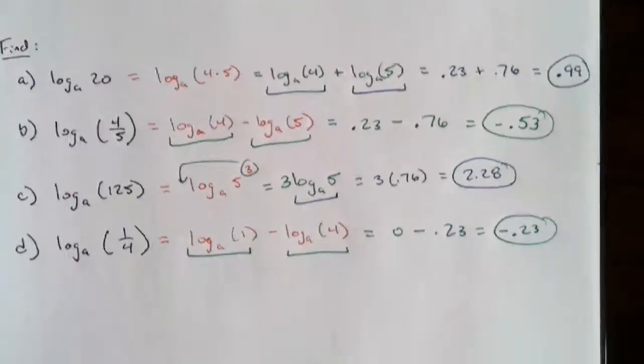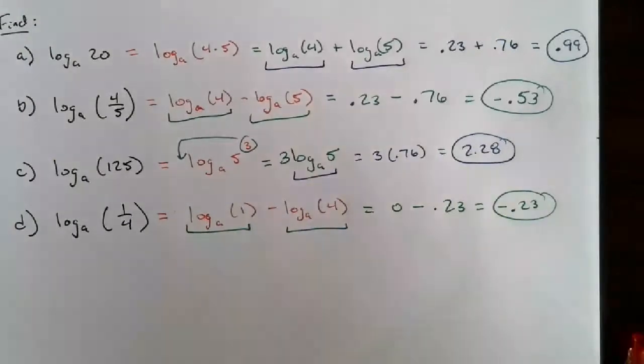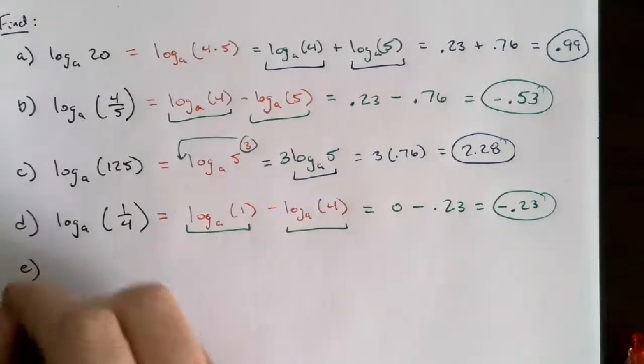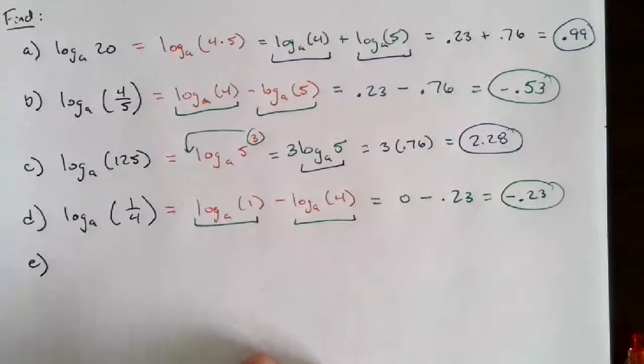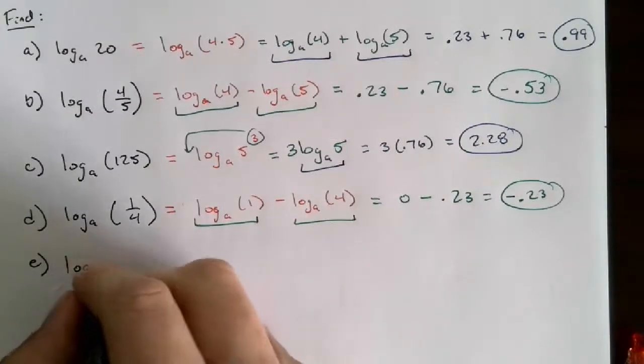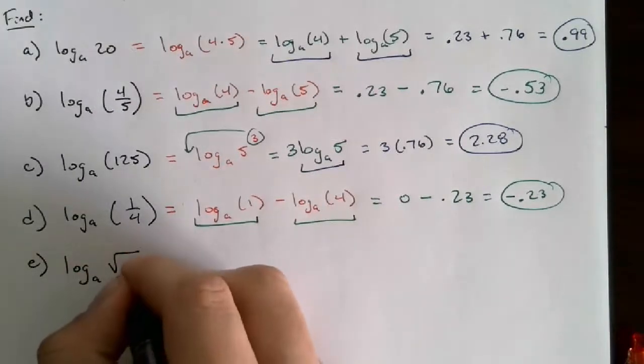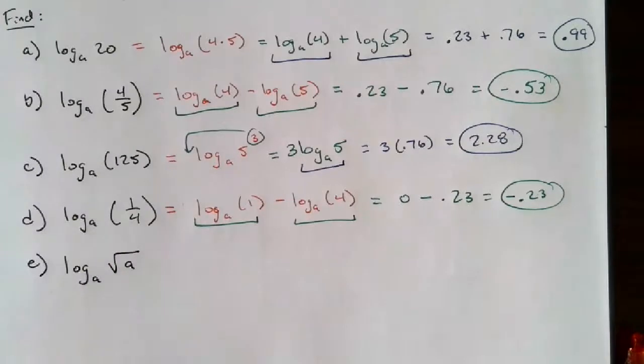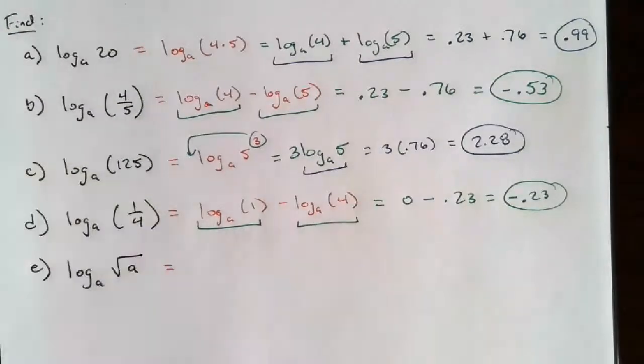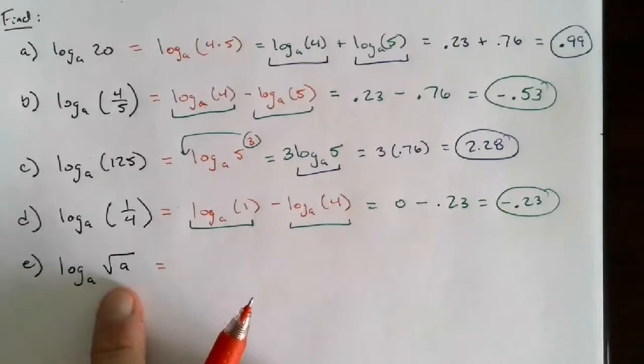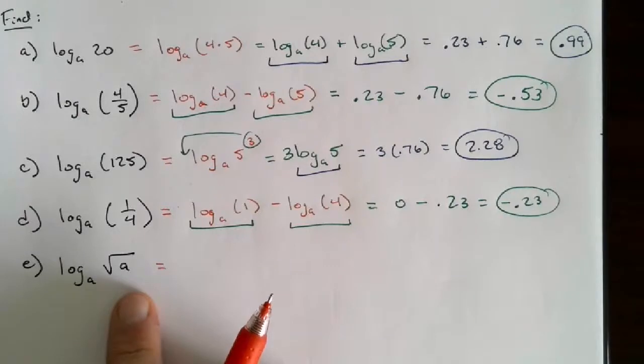Let's look at a couple more. If I wrote this, so call this example E, if I had log base a of the square root of a, the first thing you should notice is that you have the square root of a in here, and we can change a square root into an exponent.